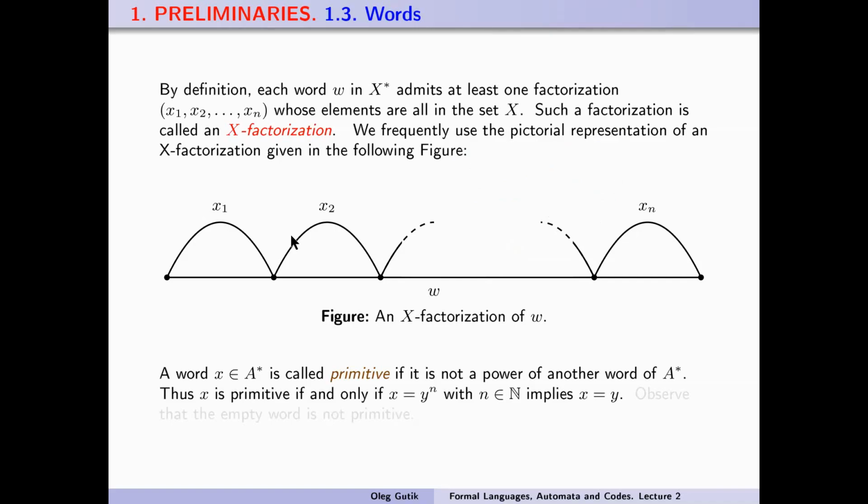What does it mean that the word is primitive? It means that if x is equal to y to the power n with some non-negative integer n, this condition implies that x is equal to y. And we remark that the empty word is not primitive.